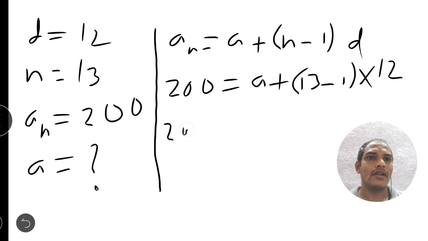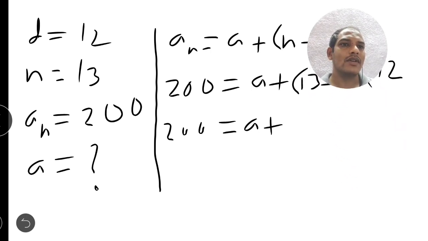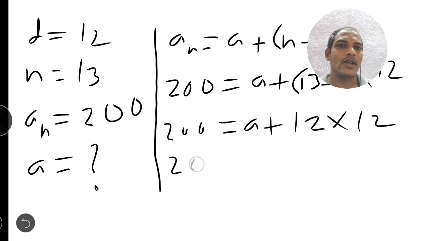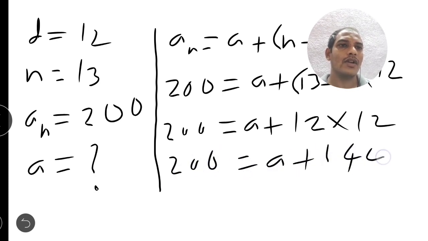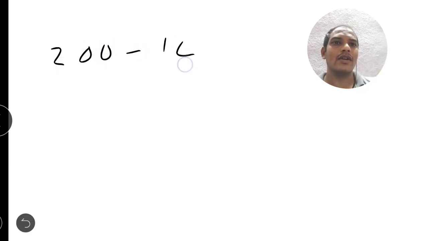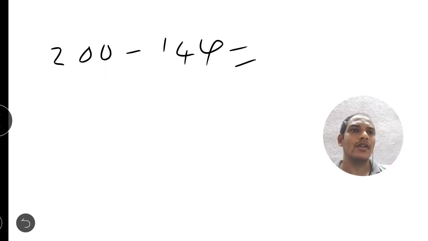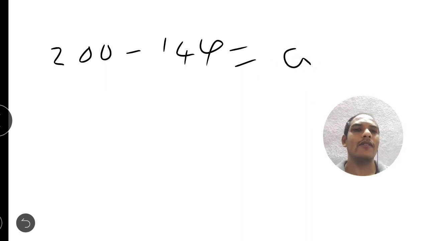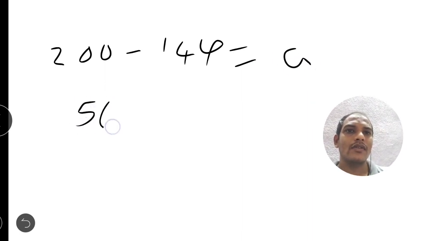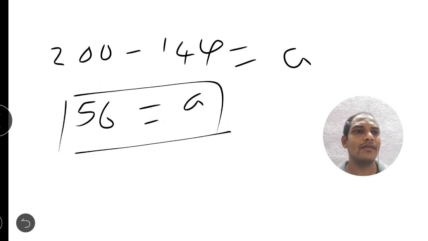So 200 equals a plus 13 minus 1 is 12 into 12. 200 equals a plus 12 twelves are 144. So now 200 minus 144 equals a. So 200 minus 144 is 56 equals a. So the required answer is 56.